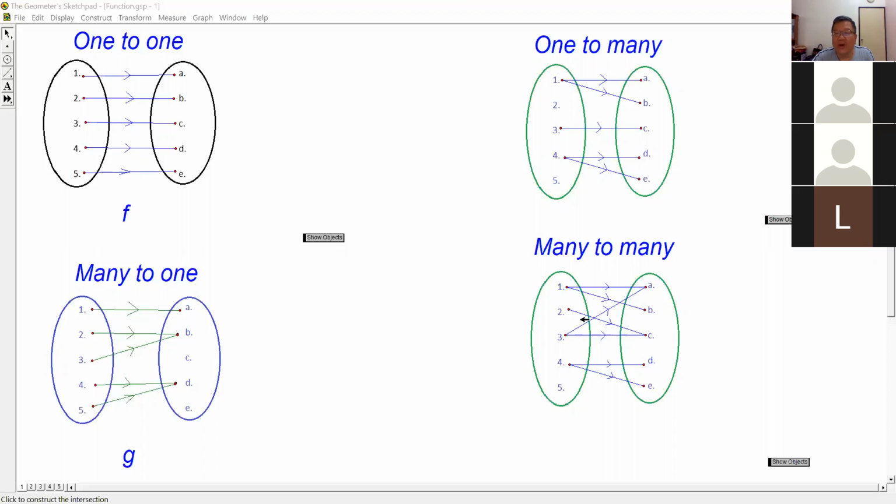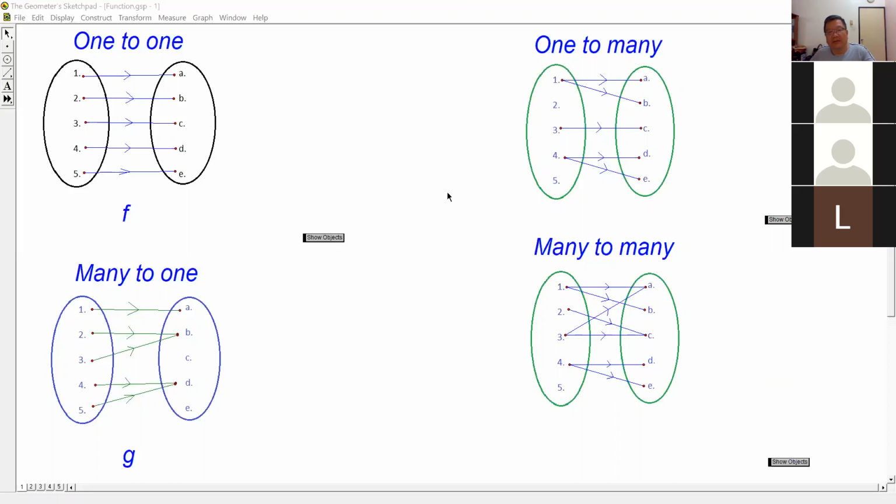Okay, so we go on to this one, many to many. So you can see that we have one object with two images, or sometimes one image with two objects. So this is many to many. Can you still remember all this? You must be clear on all this before I can explain to you the inverse function.